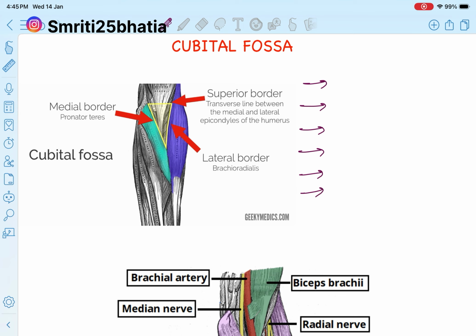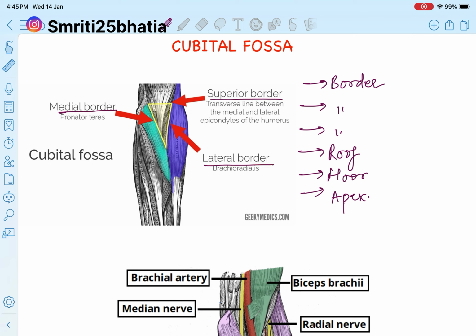We have three borders, the roof, the floor, and the apex. The three borders that we have are the superior border, lateral border, and the medial border.